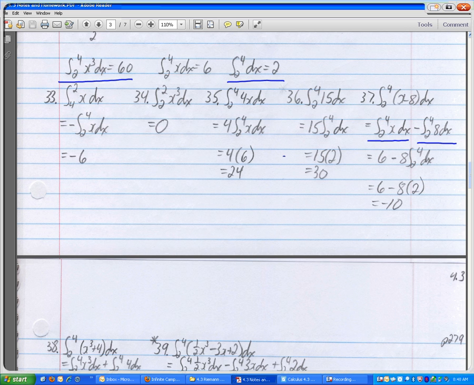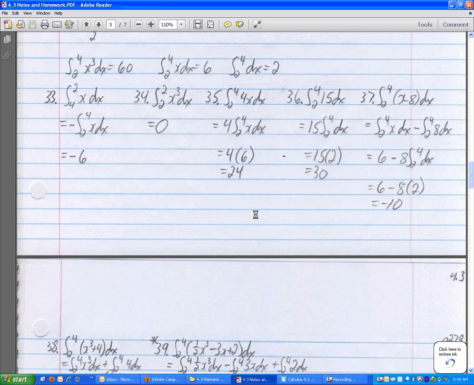So you factor out the constant, put it in front, and now we're told what the integral from 2 to 4 of dx is. So you've got your 6 minus 8, and then times that integral, and the integral from 2 to 4 of dx is 2. So that's 6 minus 16, negative 2. All right? Anything else?